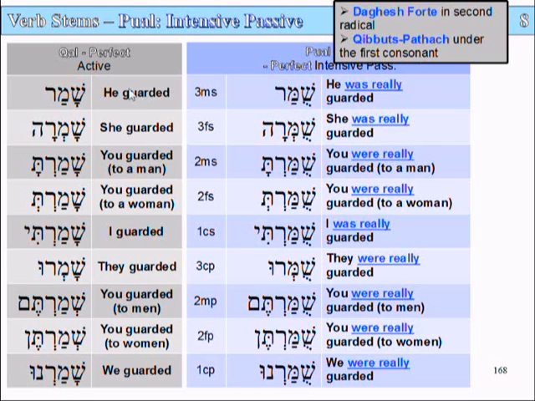So, he guarded, shamar, becomes shummar, he was really guarded. So it's intensive passive. And she guarded, shamera, becomes shummera, she was really guarded. Shamarta, you guarded, becomes shummarta, you were really guarded, to a man. And so on and so forth. So that's the Pual. It's very, very recognizable because of the kibbutz here.